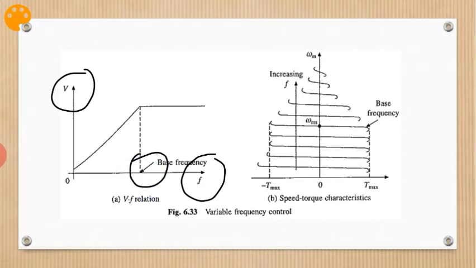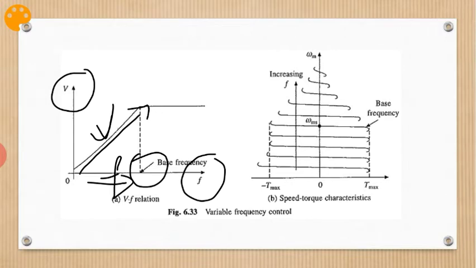So what we are doing here, this is our base frequency. Up to the base frequency, we are varying the voltage and frequency. I repeat, at any base frequency we are varying the voltage and frequency.